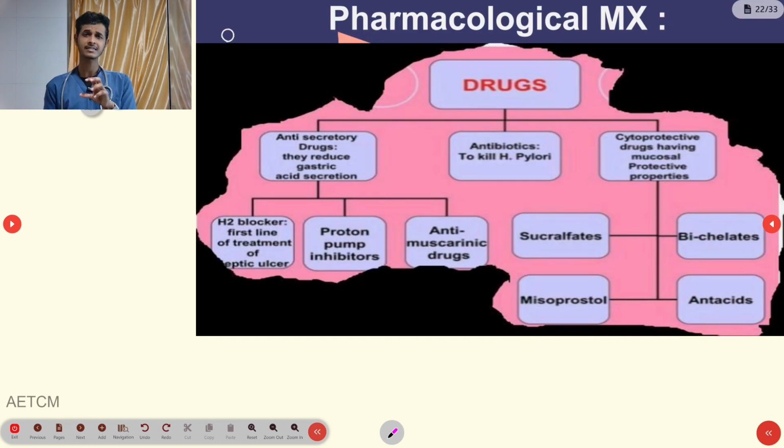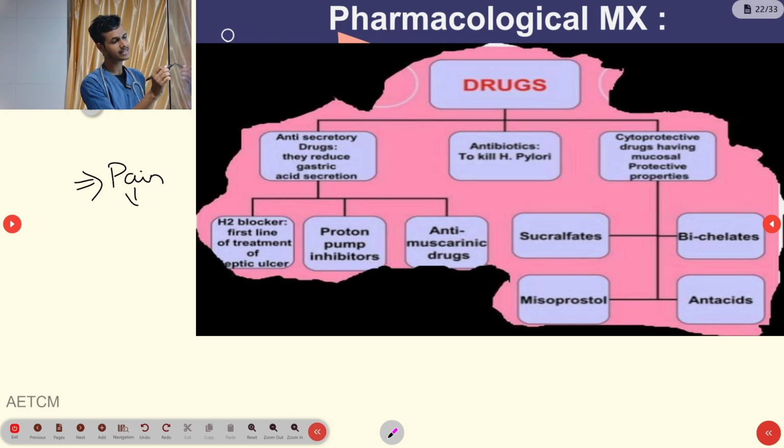Coming to pharmacological management, we said pain is the major thing we have to manage here, right? So, what is the reason for the pain? The pain is occurring because of HCl plus pepsin. The pepsin and HCl irritate the ulcer area, the mucosal area, and thereby you get the pain.